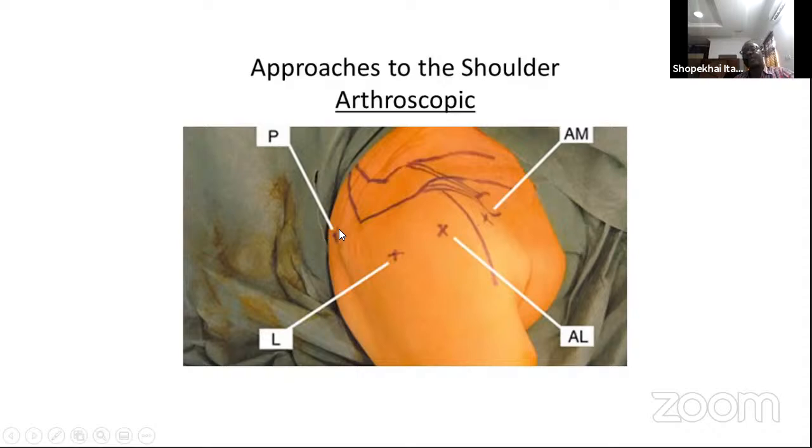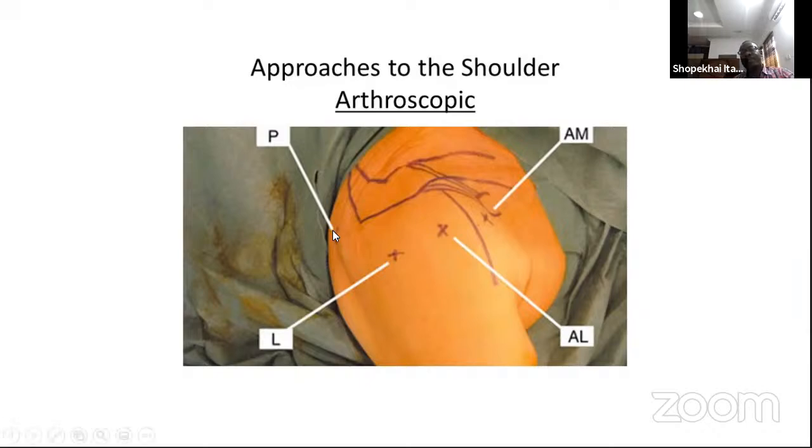The starting portal is the posterolateral corner, in which you will go 2 cm inferior and 1 cm medial, sometimes 1 cm lateral, to the corner of the acromion. Typically, you are expected to infiltrate this area with adrenaline so that there's little bleeding. Unlike the knee joint where your trocar, your knife goes straight into the joint, here the portal is made by a skin incision only.